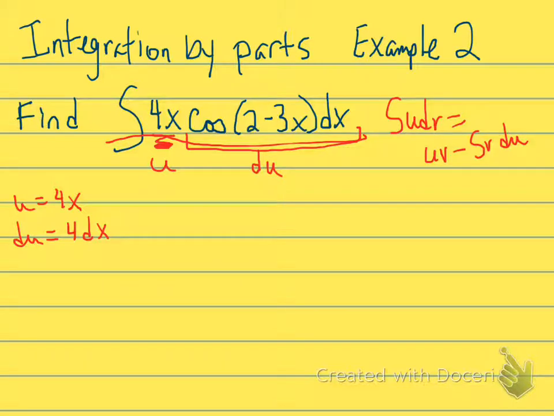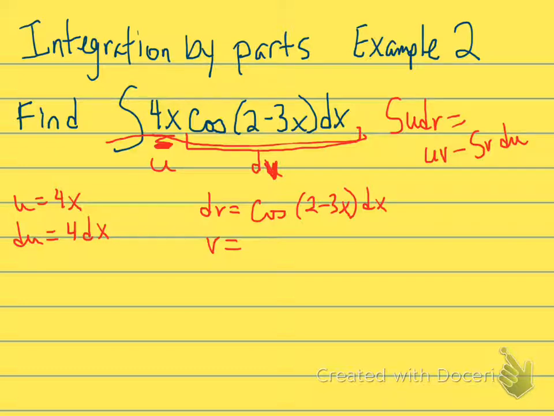Oh, and this should be a dv right here, sorry. And if our dv is cosine of 2 minus 3x dx, then to find v, we need to integrate all of this.